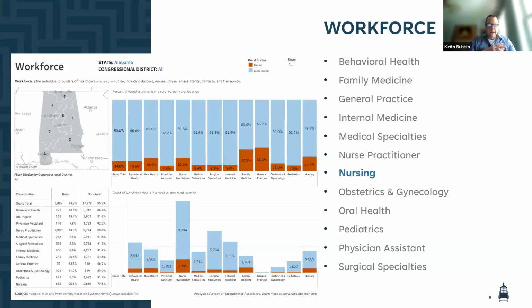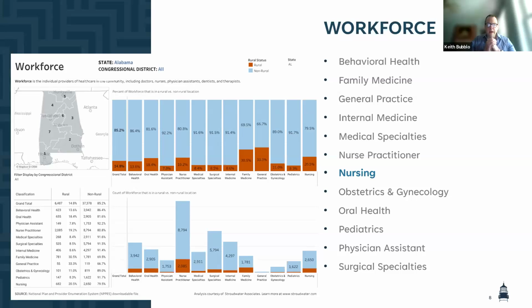The next tab in the dashboard is workforce, and so this is looking at the NPI file, the National Plan and Provider Enumeration System, which is available publicly again through CMS, which lists any provider with an NPI number that's certified, I think, for Medicaid or Medicare.